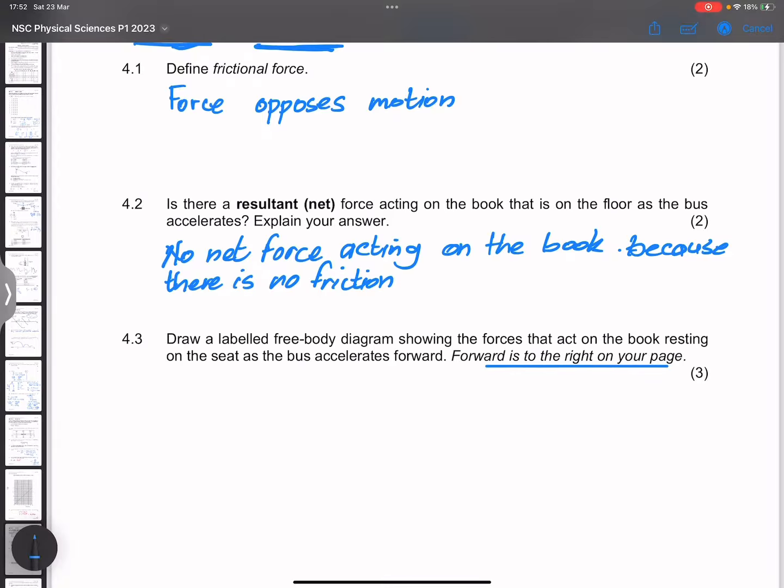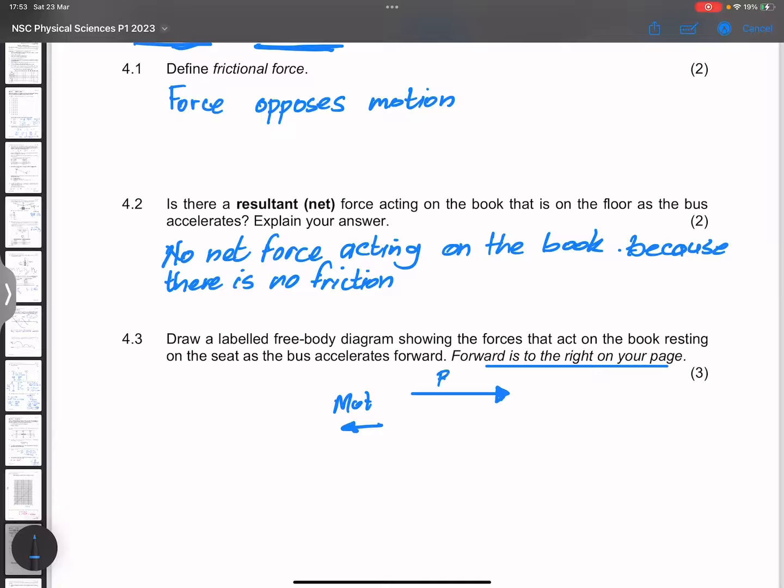Now I want you to note, as the bus accelerates that way, the book wants to move in that direction, but because of friction, friction would want to oppose the motion.